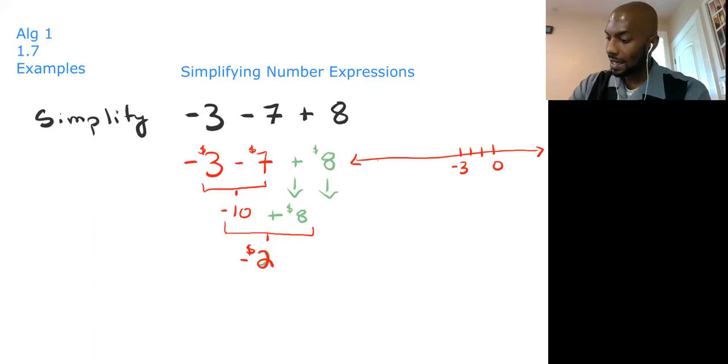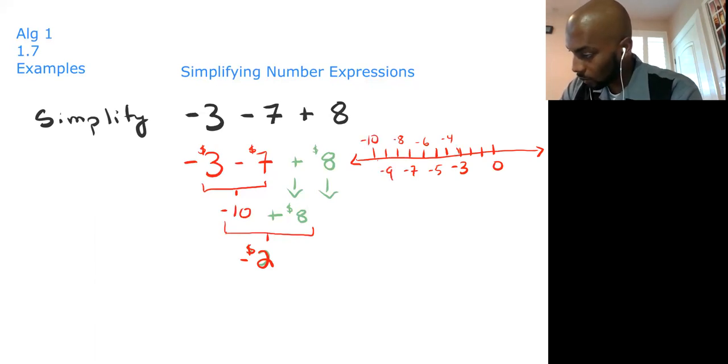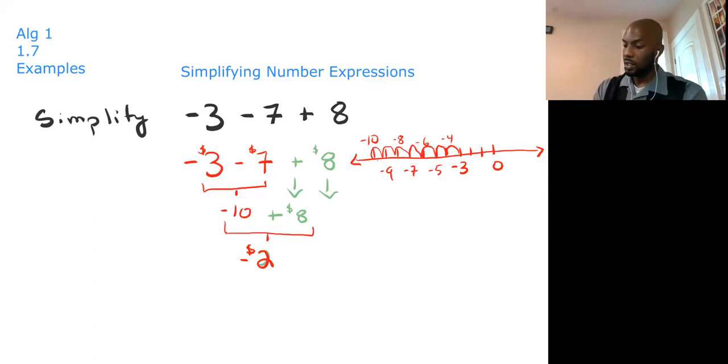And then minus 7, I go to the left 7. 1, 2, 3, 4, 5, 6, 7. Let me fill in my numbers to see where I end up. I end up at negative 10. So that accounts for this step right here.